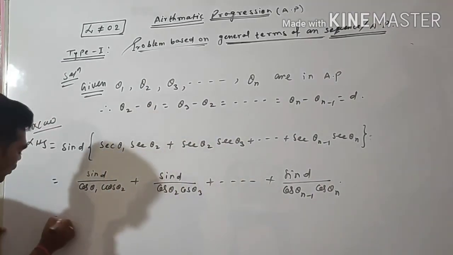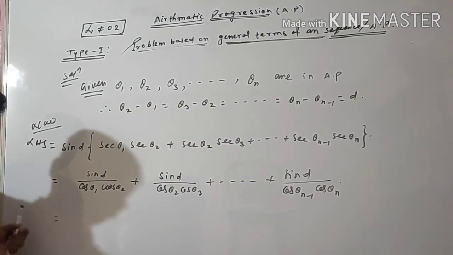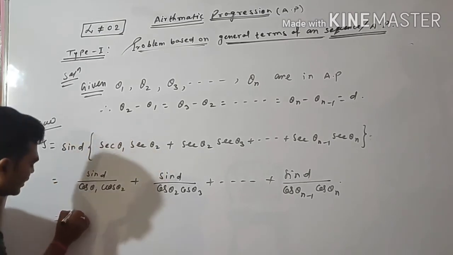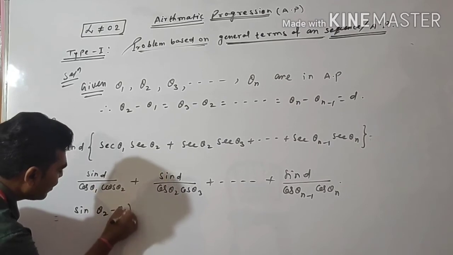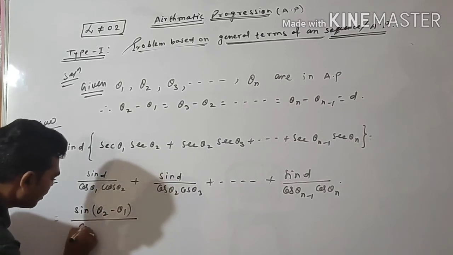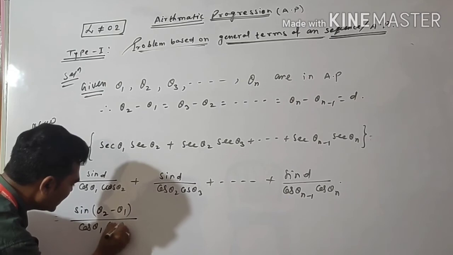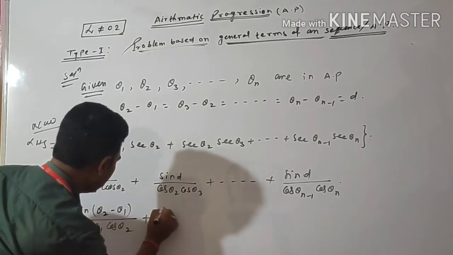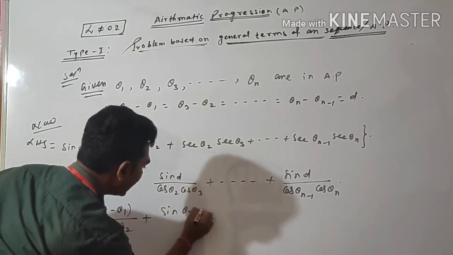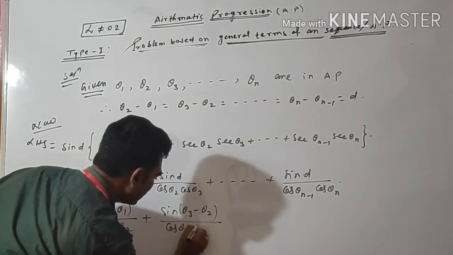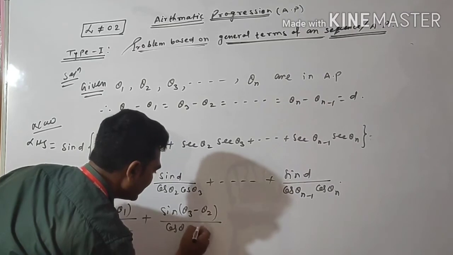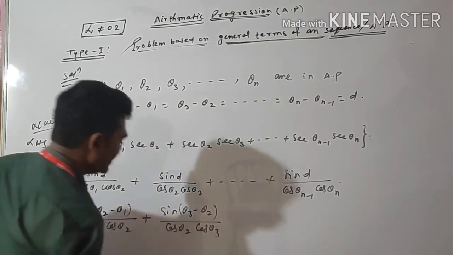Okay. Now again, we write sin(theta 2 minus theta 1) by cos theta 1 cos theta 2 plus sin(theta 3 minus theta 2) by cos theta 2 and cos theta 3.